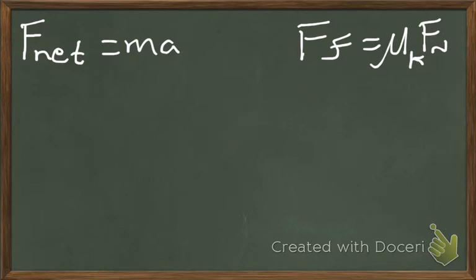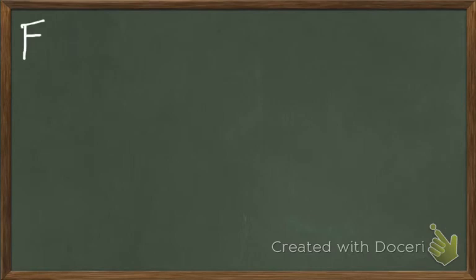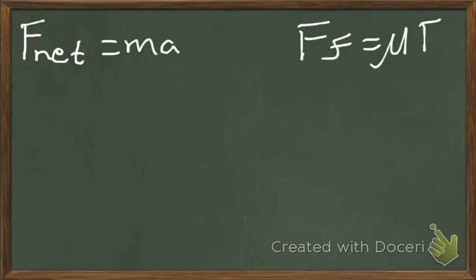So I'm going to write out what my net forces are, and if we look back to the picture here, all of our net force is going to point to the right. So we're accelerating to the right because I'm pulling harder than friction is pulling. Okay, so let's solve for friction using F net, m, and a.